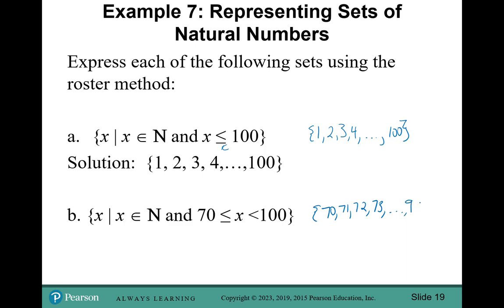So I'm basically going all the way up to 99, and that's what's in my set. 100 is not in my set here because I don't have an equality on the 100. And that's why you see the set 70, 71, 72, 73, all the way up to 99.